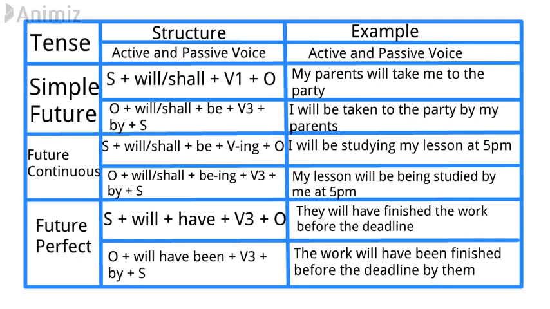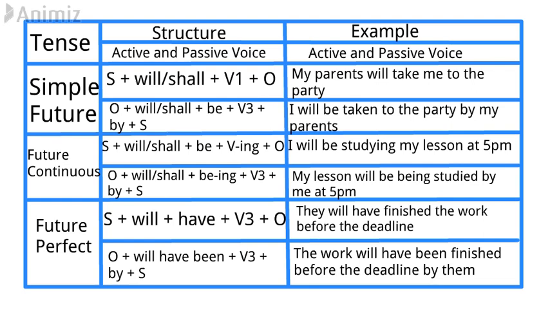Future perfect tense: subject, will plus have, third form of the verb plus object. They will have finished the work before the deadline. When we change into passive voice, we follow this structure: object in the place of subject, will have been.